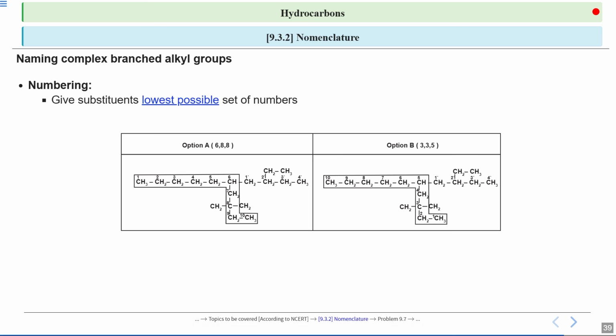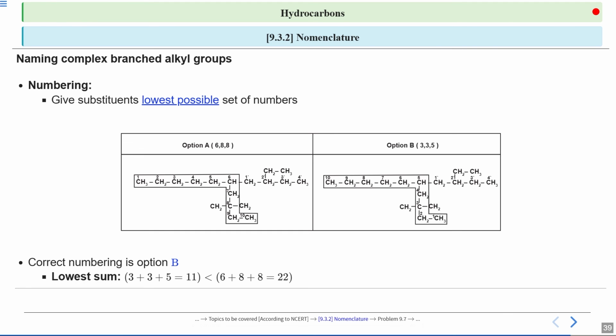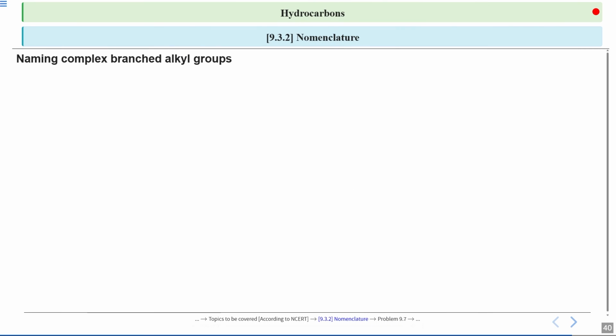According to that, two options are possible: A, in which 6, 8, 8 is the numbering, and B, in which 3, 3, 5 is the numbering. Now, we can clearly say that option B is correct because it gives us the lowest sum, which is 11, as compared to option A, which is 22. Now, we got our correct numbering.